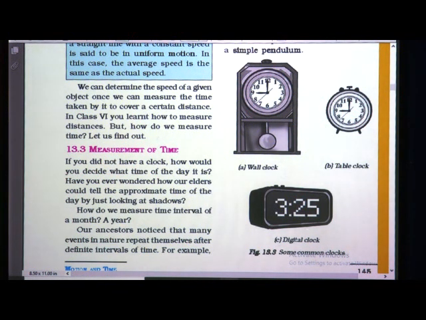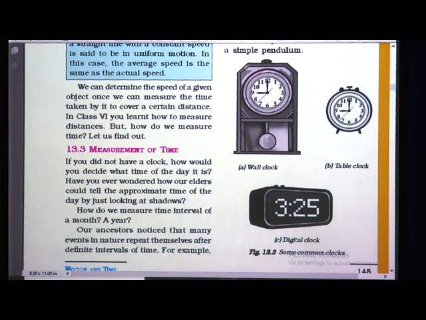Whatever human beings were there, these are called ancestors. You learn about this in history and also in geography. These ancestors noticed that many events in nature repeat themselves.